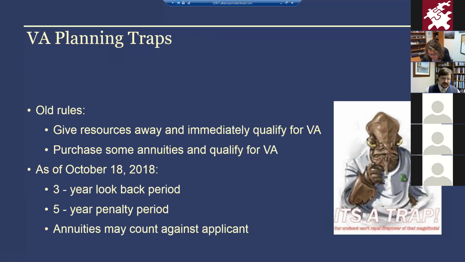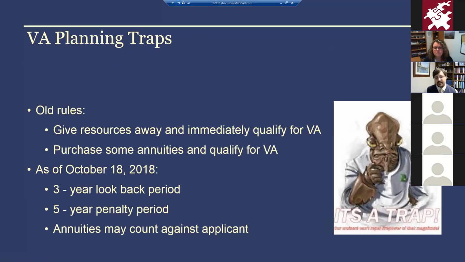It wasn't written down anywhere. It was just kind of what was practiced. And immediately qualify for VA, or purchase an annuity and qualify for VA. But as of October 18th, 2018, there's now a 3-year look-back period and a 5-year penalty period. And those are two different things, and we're going to talk about each of them.